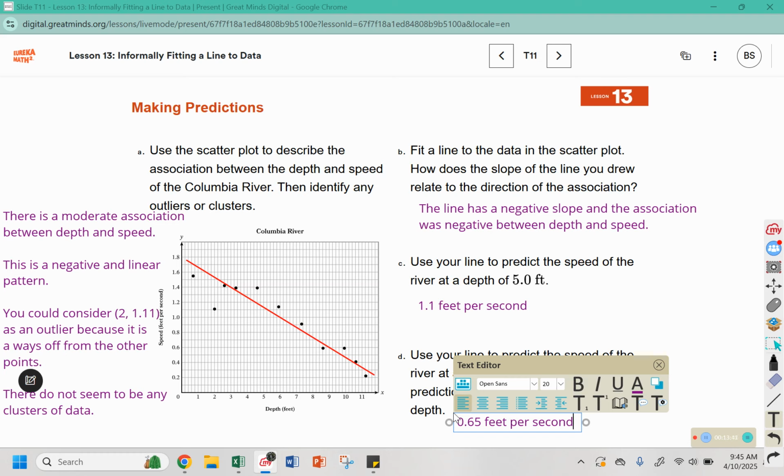The actual speed at that depth was 0.59. You can see that result from the table. So my prediction is greater.